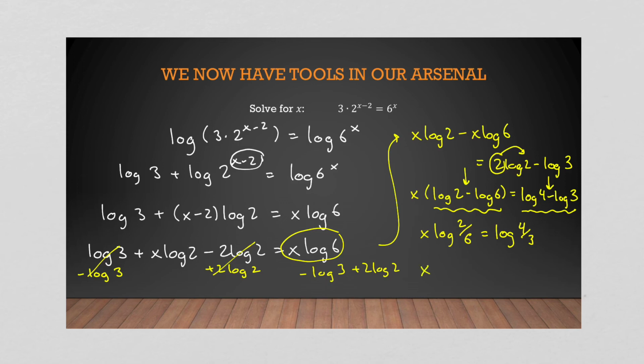So now we divide both sides by log 2 over 6. So you get log 4 over 3 over log 2 over 6. And then, yeah, you could simplify that, but you can also just plug this into your calculator. So if you go log 4 over 3, and then divided by log 1 over 3, or 2 over 6, whichever you prefer, you'll get the answer in a decimal of negative 0.26.